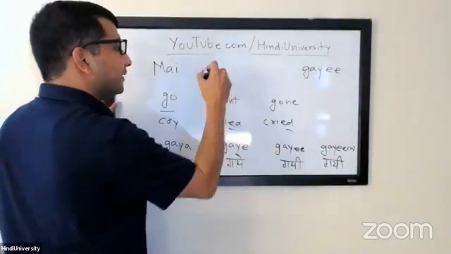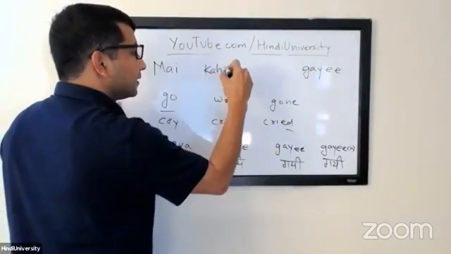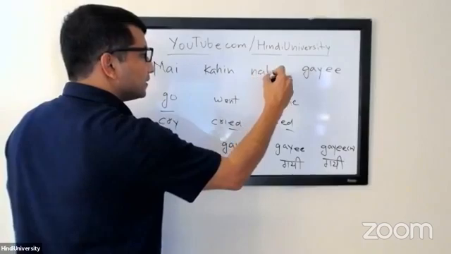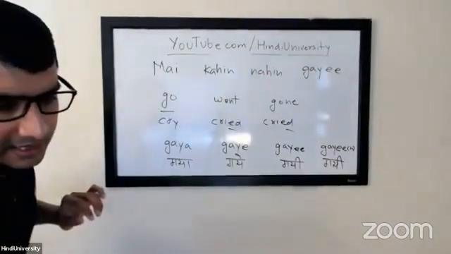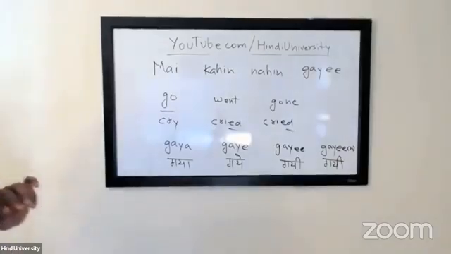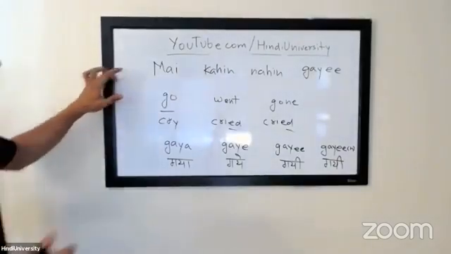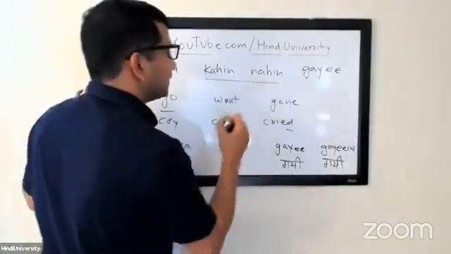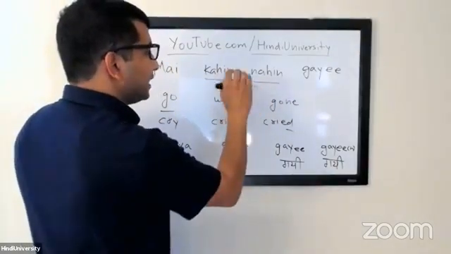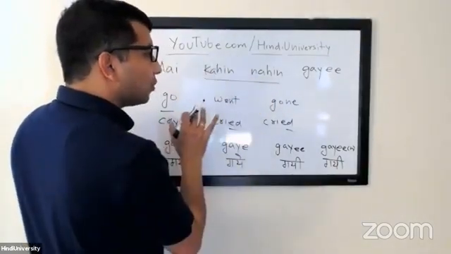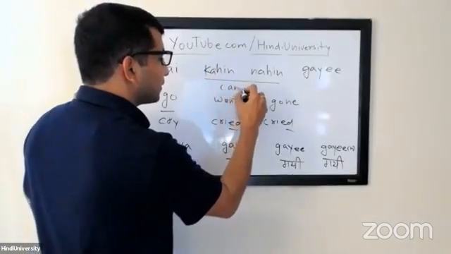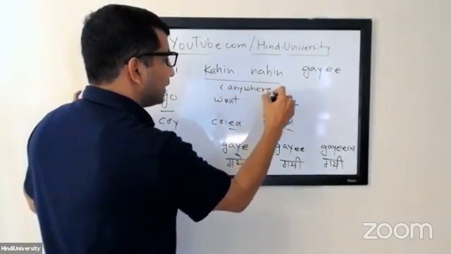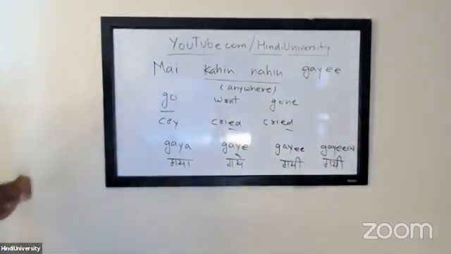If you didn't go anywhere, you'll say मैं कहीं नहीं गई, for feminine singular. I didn't go anywhere. If you just say मैं नहीं गई, it means I didn't go.